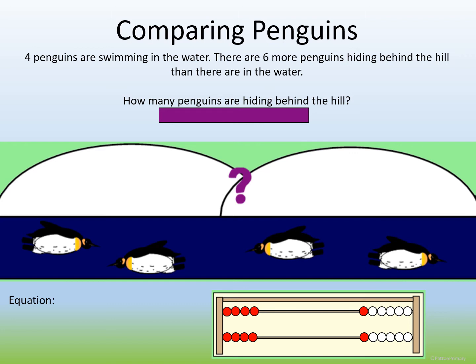Now we know that there are 6 more hiding behind the hill, so I'm just going to add 6 more beads to my 4 on top. 1, 2, 3, 4, 5, 6. So 4 plus 6 equals 10. There are 10 penguins hiding behind the hill.